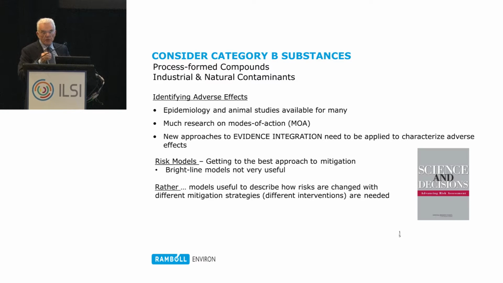We need better solutions when we're dealing with contaminants which are not readily avoidable. We need to look at how different ways of controlling them, different interventions, affect levels and then affect risk. How does risk change as we intervene in different ways to control contaminants?